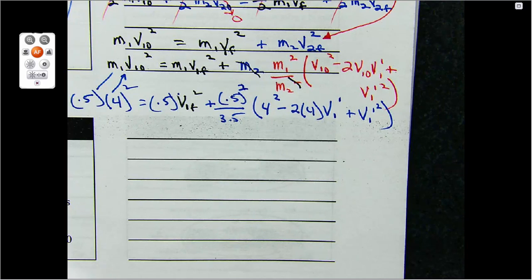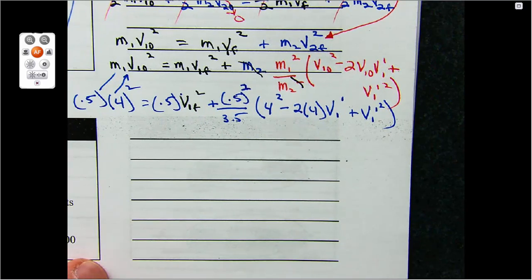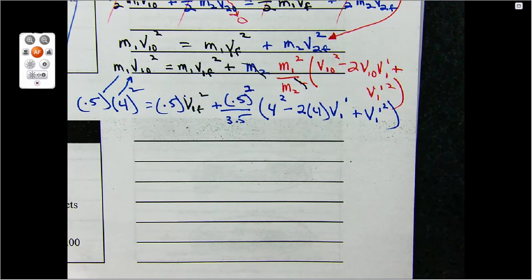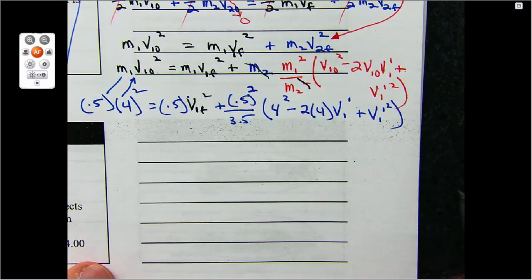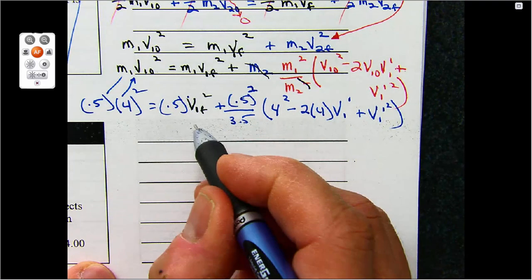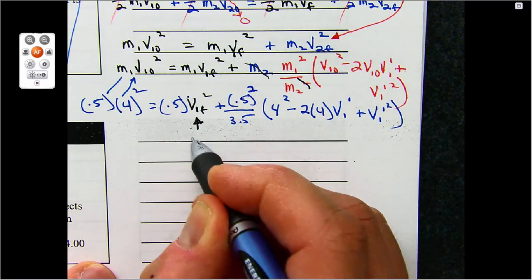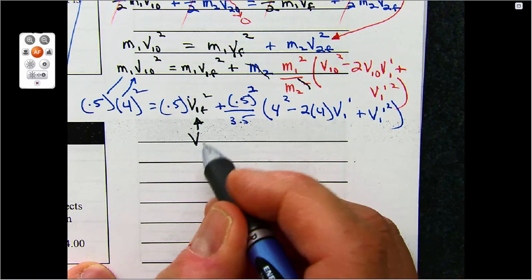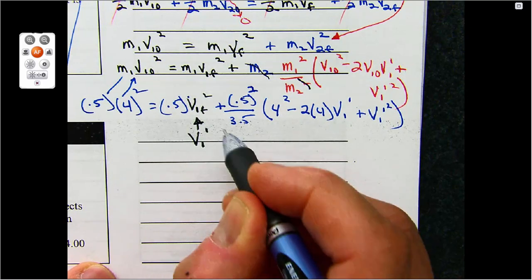That's what we're looking at yet. It's the same. Okay? Oh no, that would have made it look too easy. This is V1 prime. This is V1 prime yet, right?